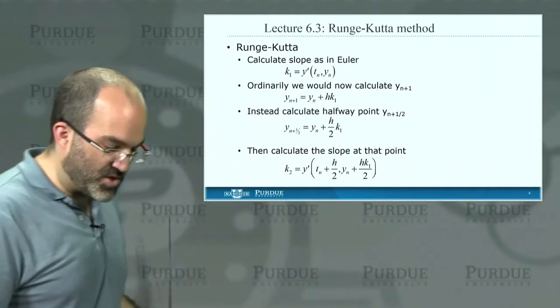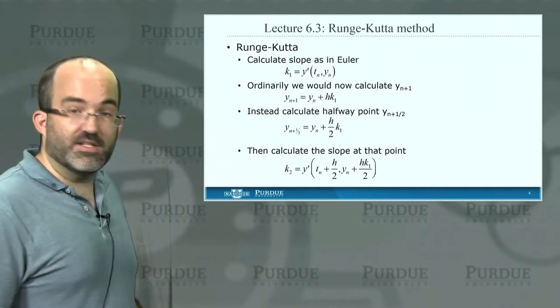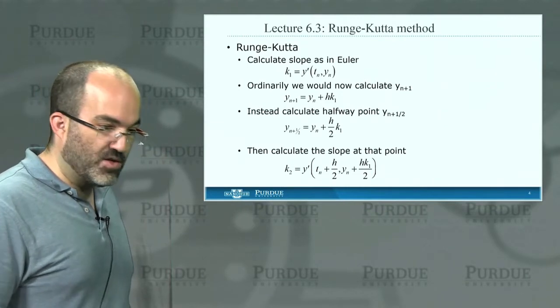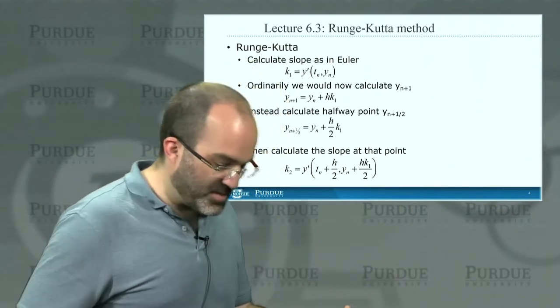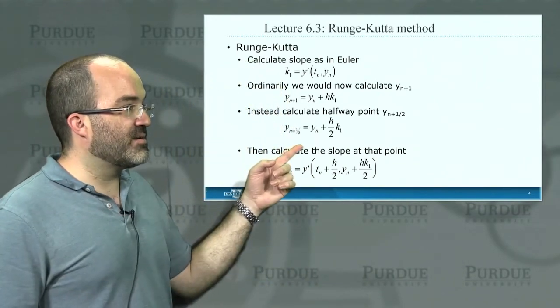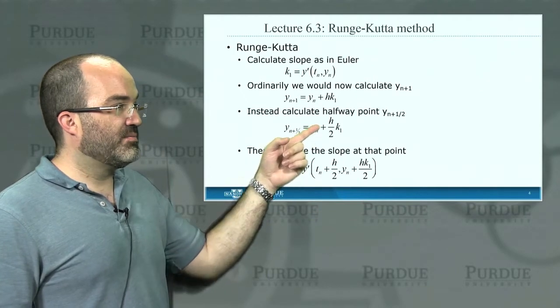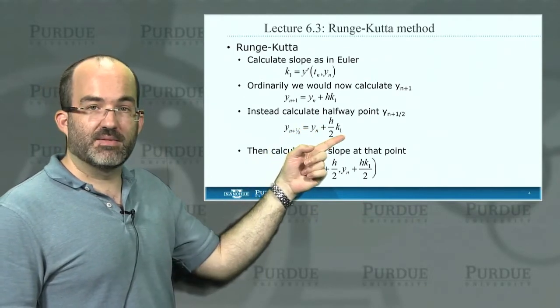So halfway between this current value of time that is known, initially the initial condition, and the next value, which is t plus h, halfway in the middle, we're going to calculate what the slope is. And that halfway point is going to be y sub n plus h over 2 times k1.